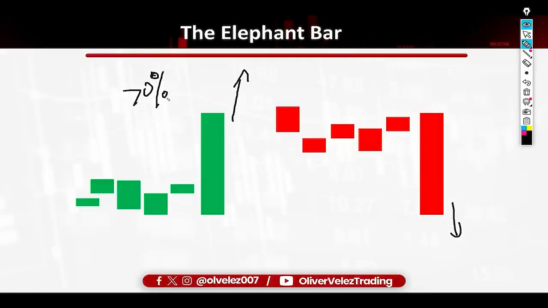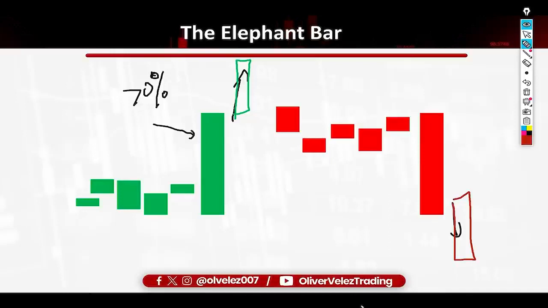Meaning that 7 times out of every 10, when you spot a green elephant bar, there is more green to come. 70% of the time, when you spot a red elephant bar, 7 times out of every 10, there is more red to come. That's what I call a follow through rate.